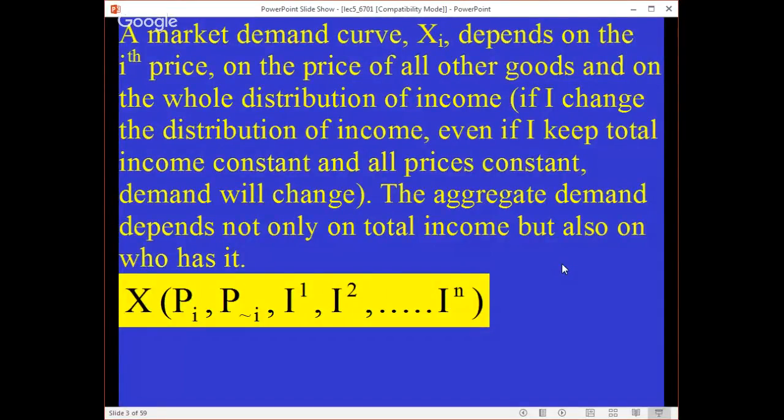But if I change the income and all of a sudden the rich people don't like vanilla ice cream, that will change the demand for vanilla ice cream. So demand for product X depends on its own price, the price of all the other goods, and the distribution of income.